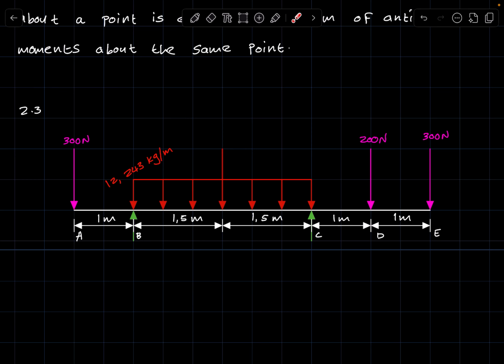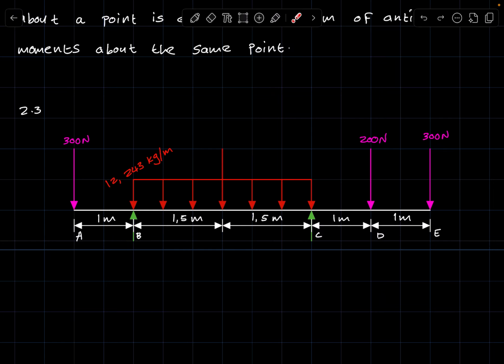So by that I mean we have a UDL, it's in kilograms per meter. Even looking at this intuitively, you can tell that in order for this to be in newtons, you obviously have to change this into newtons, right?